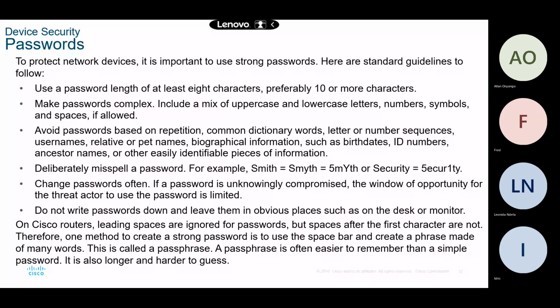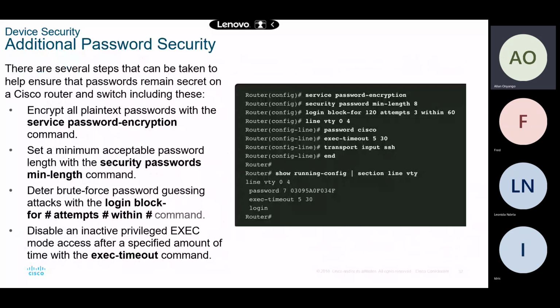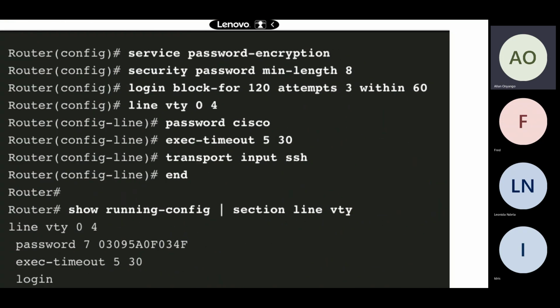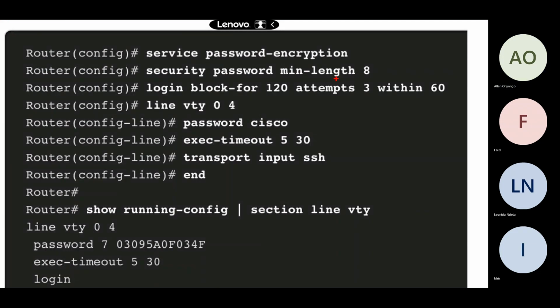Now, it's important to note that password policies are very important. And today we are going to add a few policies here. We'll see if we can configure them.